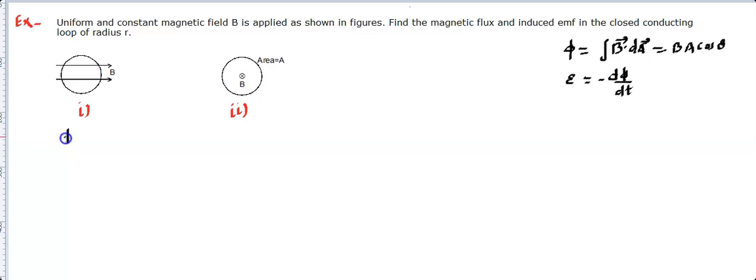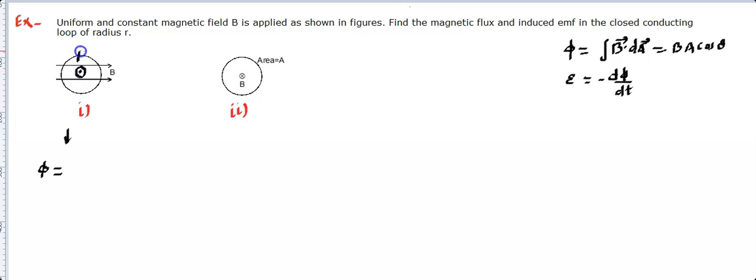Now let's talk about the first case. So how much the flux is going to be for this case? So this is the conducting loop, and this is B. So loop area is going to be perpendicular to this, maybe inside, maybe outside, so whatever. Let's consider it outside. Whenever there is a plane surface, area can be considered perpendicularly in either of the two directions, and if it is curved or closed, then outward direction we consider.